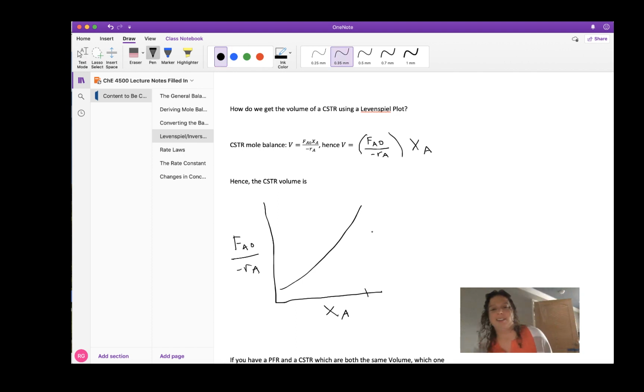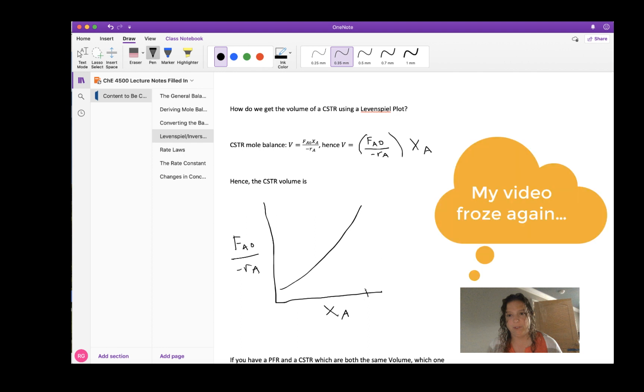So this is a little easier than the PFR case, but it's definitely not as intuitive. So in this case, I'm basically going to multiply the conversion times the flow rate divided by the rate of consumption. But I'm going to do that using the plot.